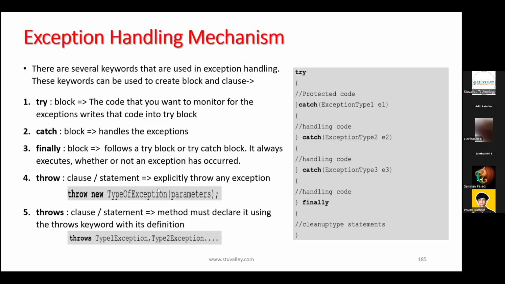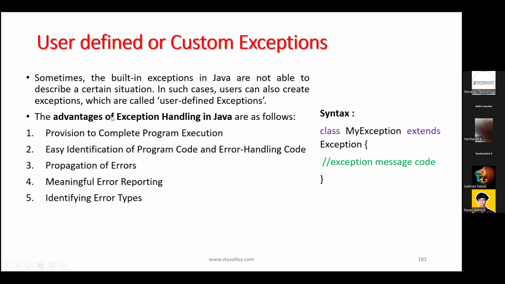Errors are irrecoverable conditions which we cannot handle. That means programmers never handle errors. They are due to some hardware issue or syntactical error, semantic error; these are different types of errors. Hardware errors and software errors are different, and again, related to code, these are different.